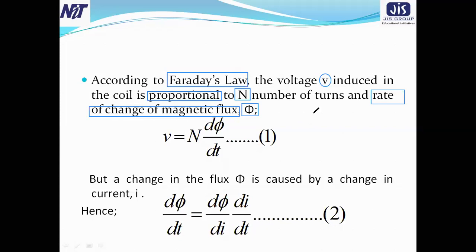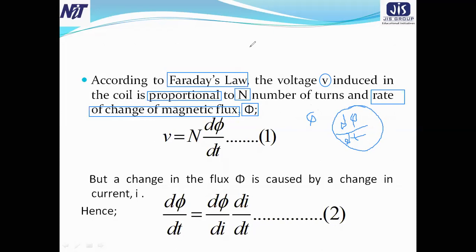Flux is phi. So what will be the rate of change of flux? If we write d phi dt, then it is called the rate of change of flux.